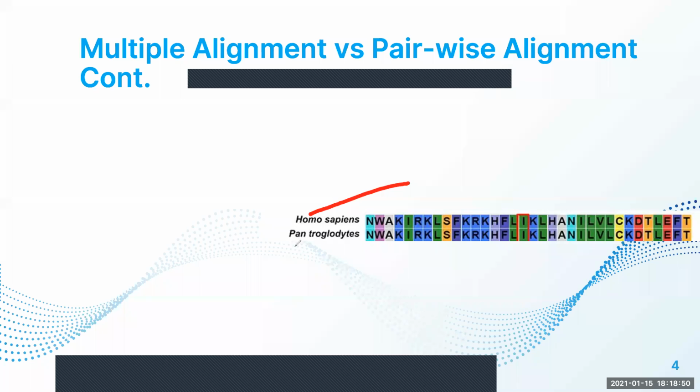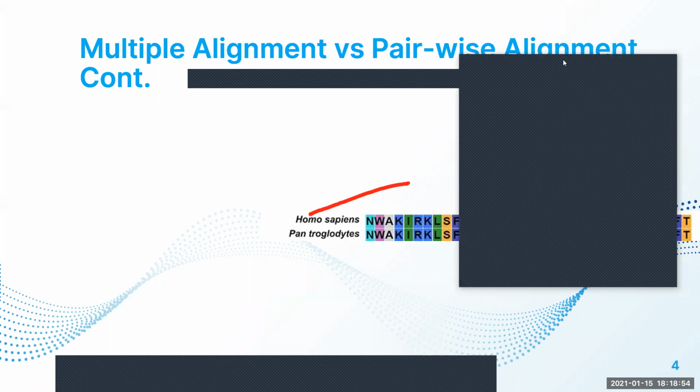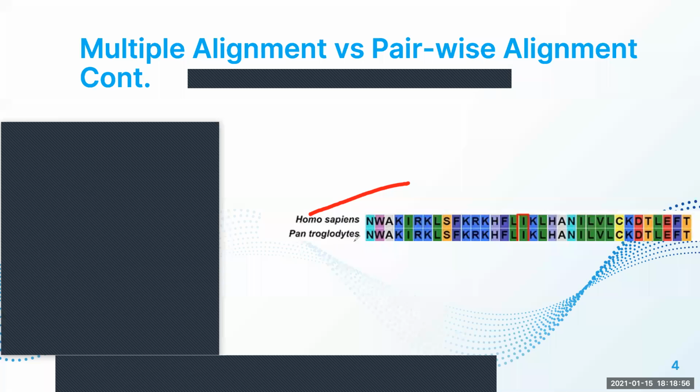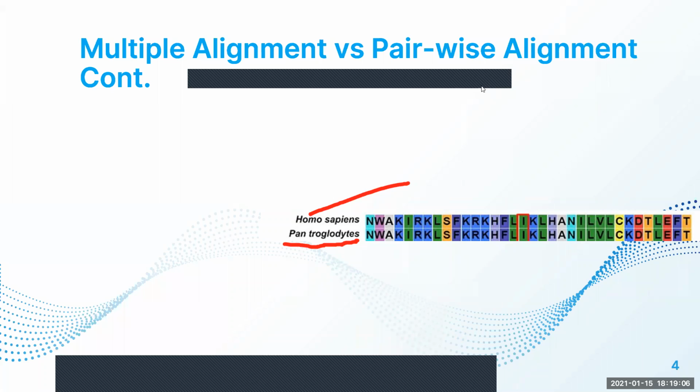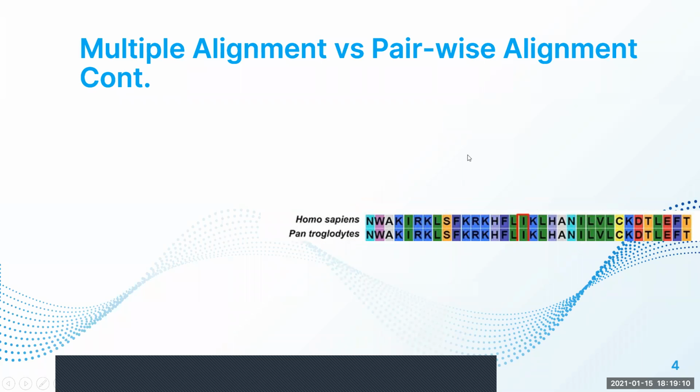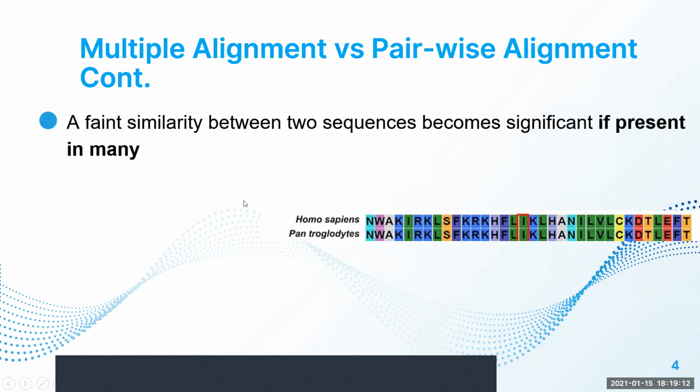If there are any bio guys, IS people, do you know what this species is? No? It is a very familiar one. This means chimpanzee. Sorry? Chimpanzee. Did you Google it?